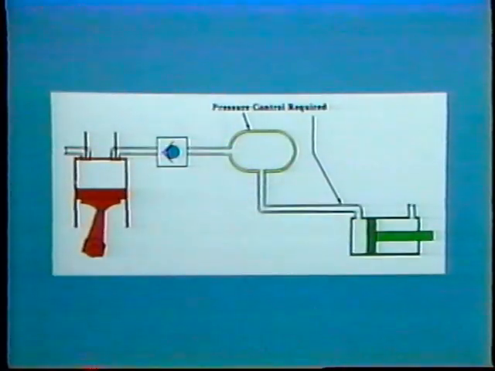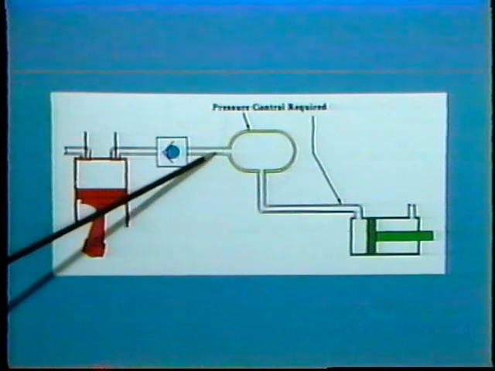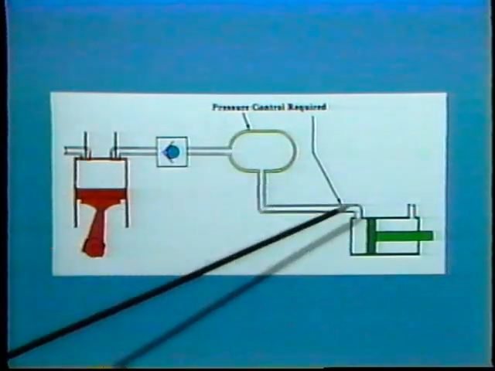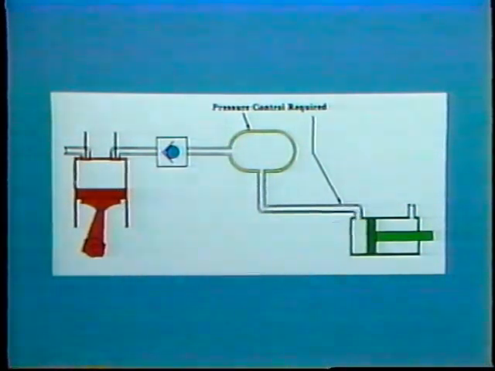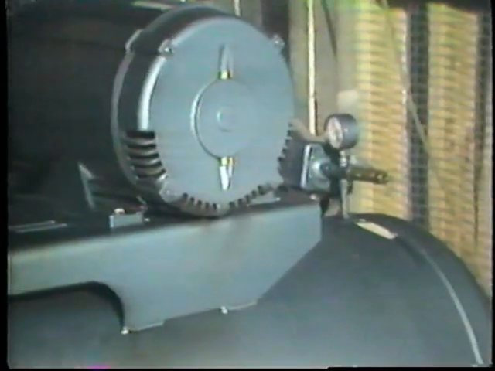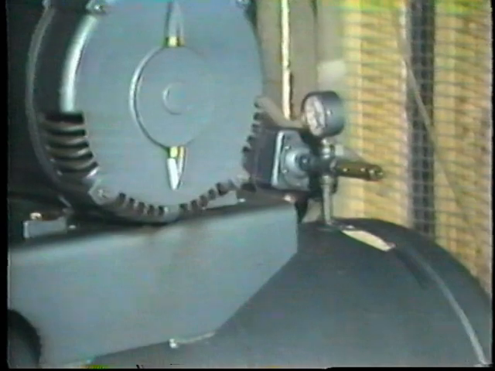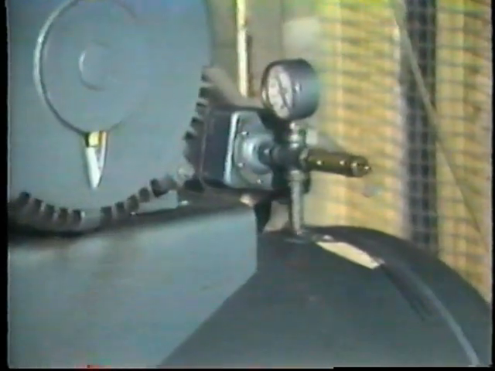Now let's examine why pressure control valves are necessary and how they work. Pressure in a pneumatic system must be controlled at the 2 points you see here, at the output of the compressor and at the point of use. Why at these 2 points? Well, control of pressure is required at the compressor as a safety for the system.